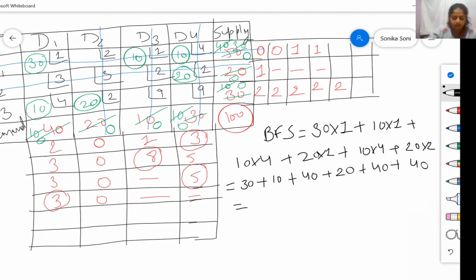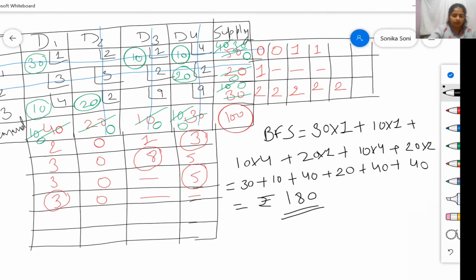When we add this up, we get 30, 40, 80, 100, 140 and 180. We have rupees 180 as the total transportation cost.